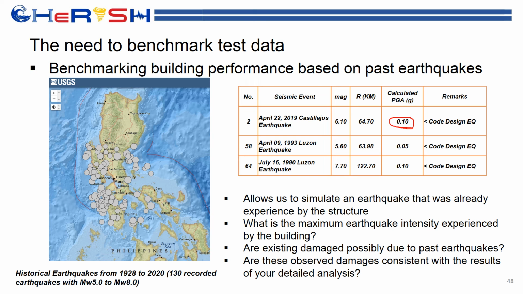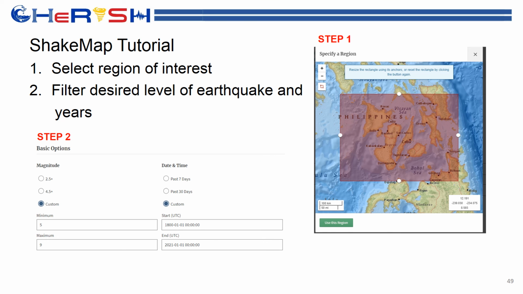So what are the steps in using ShakeMap? So this is the ShakeMap tutorial. You go to the USGS ShakeMap website, and then you select the region where you want to determine the historical earthquakes that have occurred.